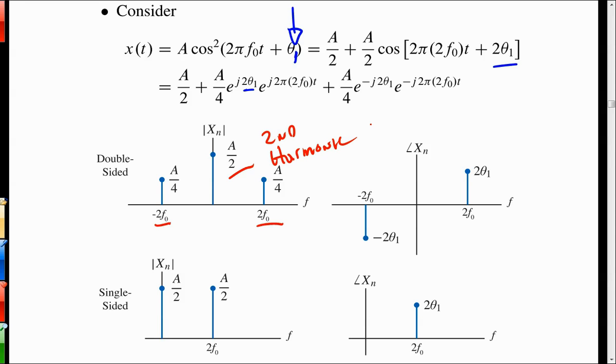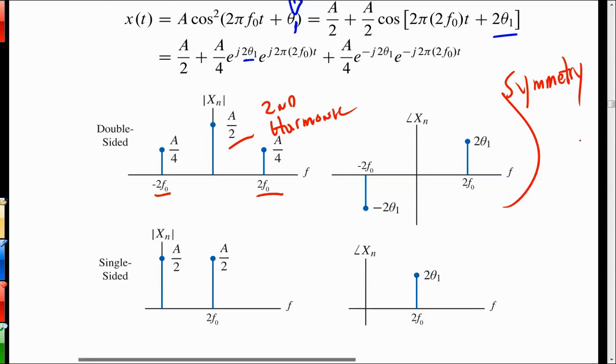The angle spectrum just plots the angle on the positive exponential as 2 theta 1 and then minus 2 theta 1 on the negative. And right there you can see symmetry too. Magnitude spectrum is even from the conjugate symmetry, and the phase spectrum is odd because the conjugate of a complex number has the angle that's the opposite in sign.